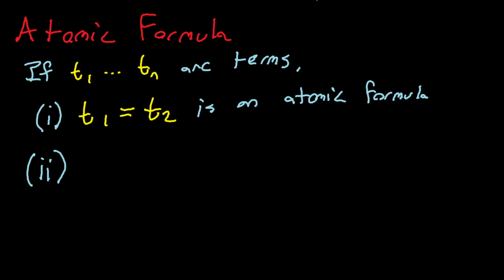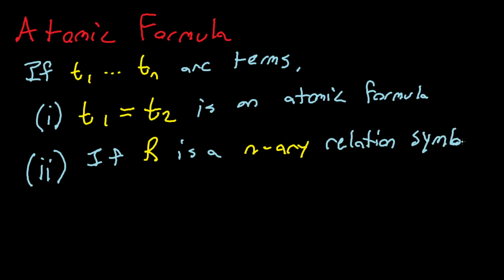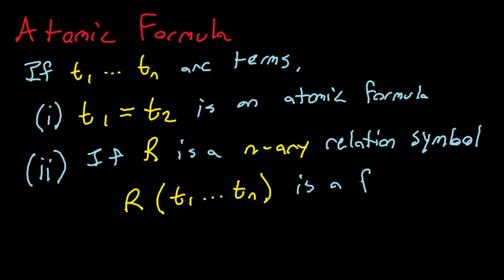So similar to before, if R is an n-ary relation symbol, then R of t1 through tn is an atomic formula.